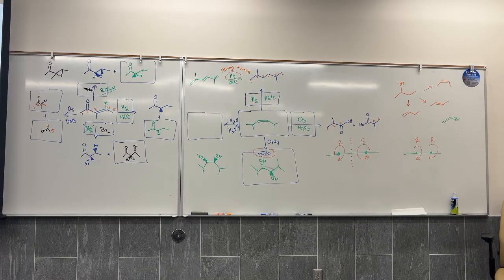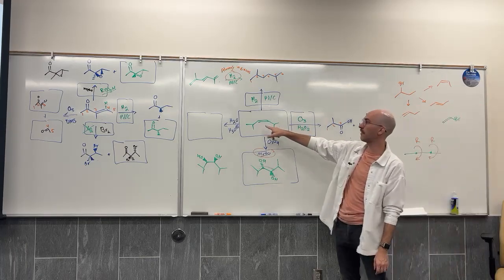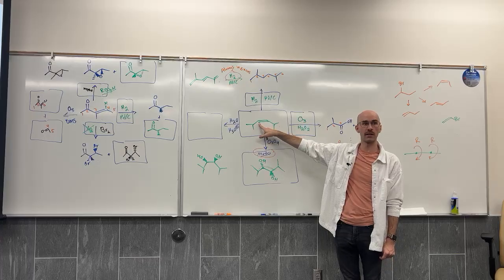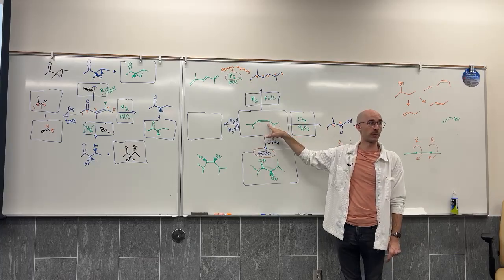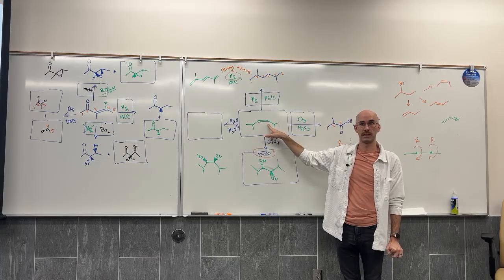Because this alkene is symmetric and not unsymmetrical, the carbocation could form on either carbon. It could form on the left, a secondary carbocation, or on the right, a secondary carbocation.